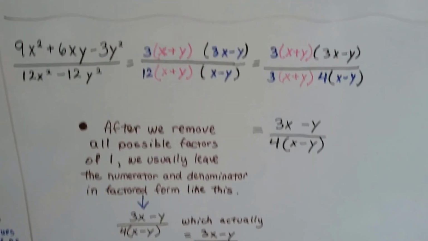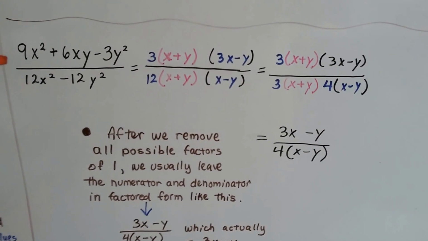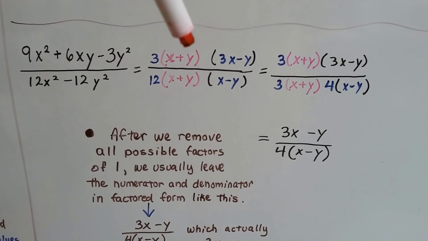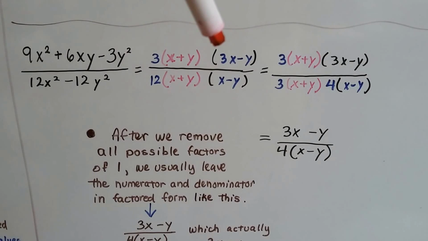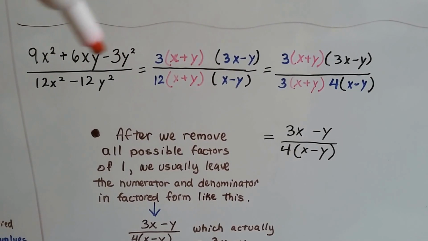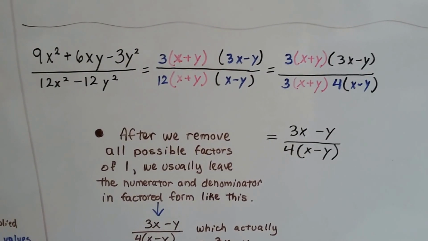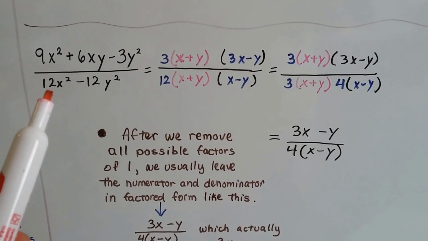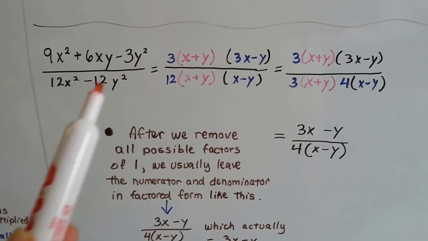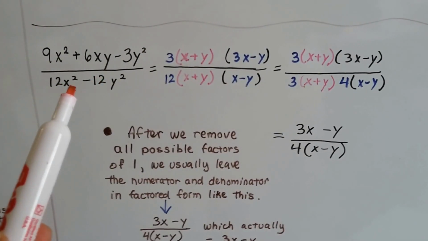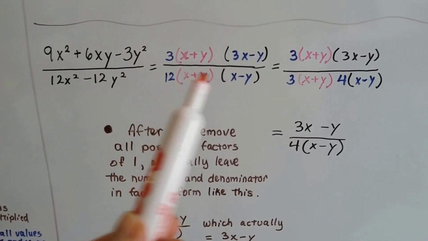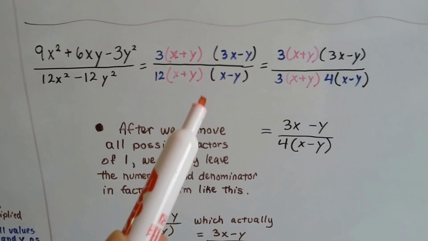Let's try it again. This one's a little bigger. We can factor this numerator as 3 times x plus y times 3x minus y. The bottom one is 12 times x plus y times x minus y. We factored out that 12 and then put them as x plus y and x minus y down here.